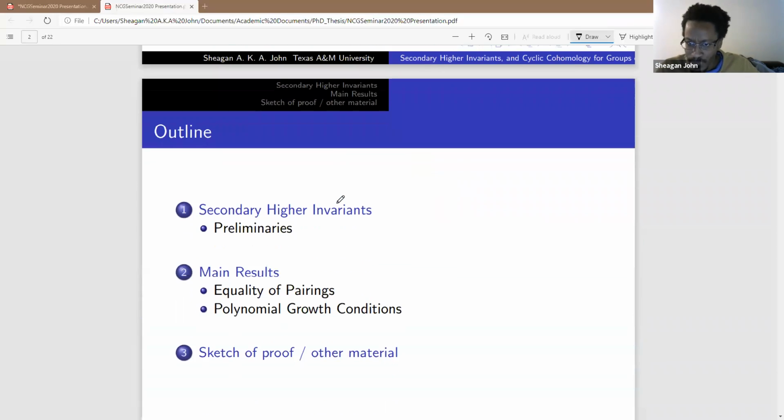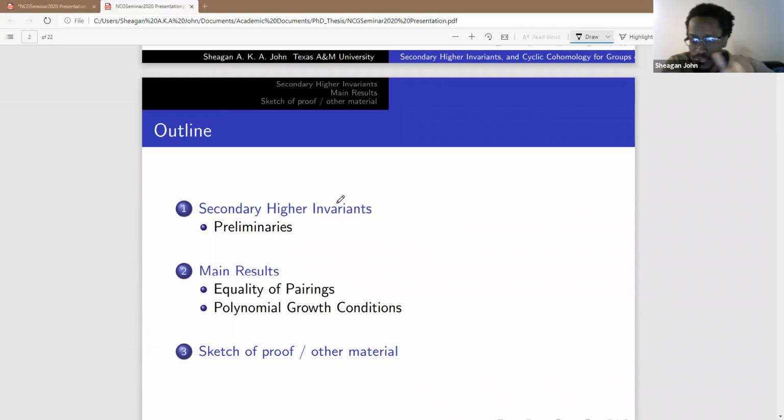And so I'm hoping to just set some preliminaries and state what the main results have been. And depending on whether or not I have any time left over, at least go through a light sketch of proof for one of these results, and then speak about some future work and related material.